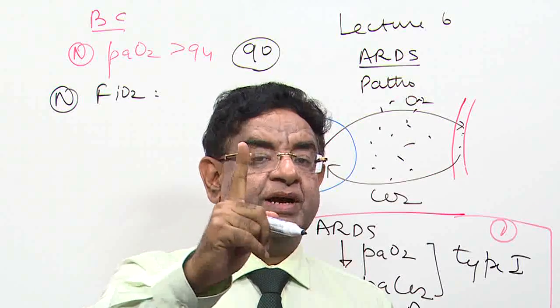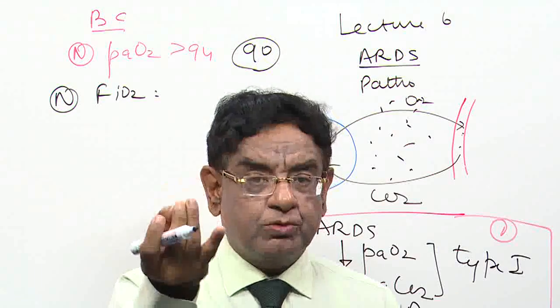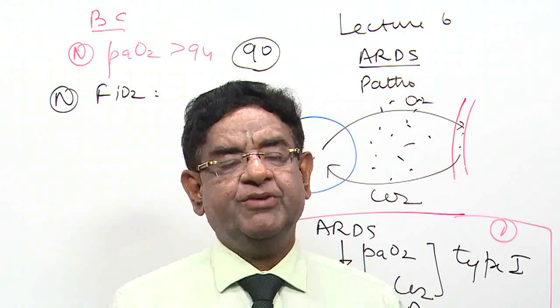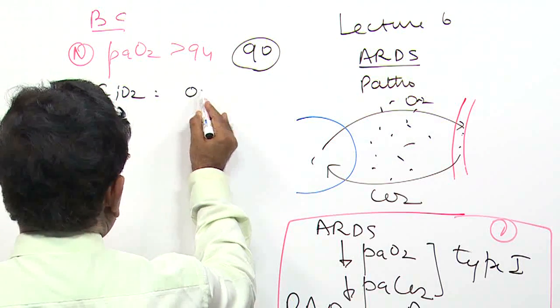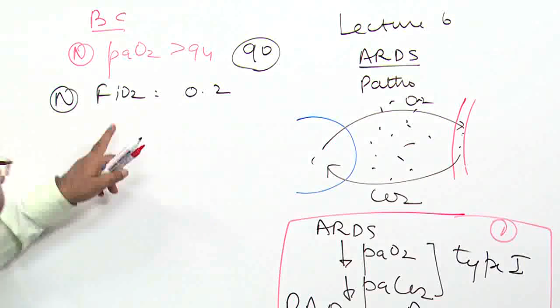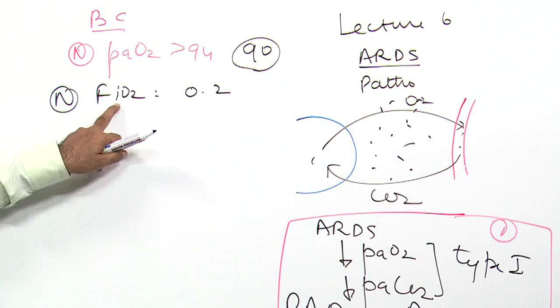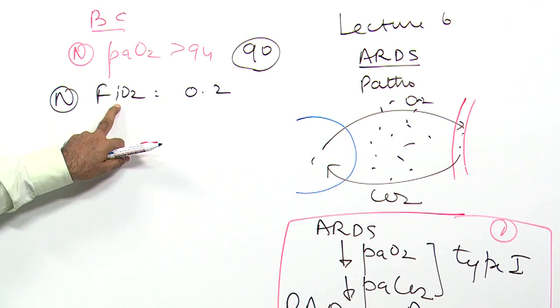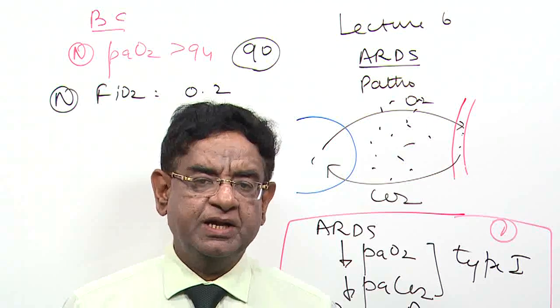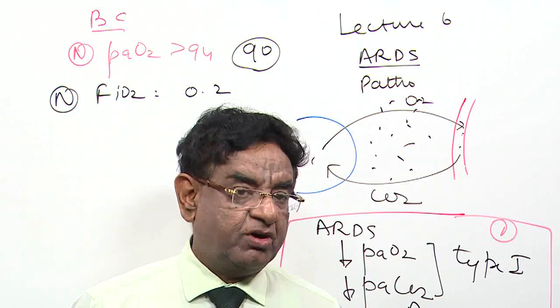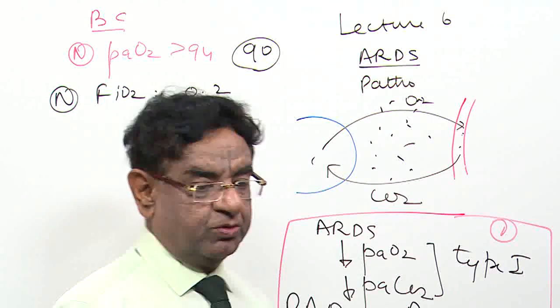In the scale of 1 it is how much? 0.2. And this is known as FiO2. The normal FiO2 is 0.2. This stands for fractional inspiration of oxygen.